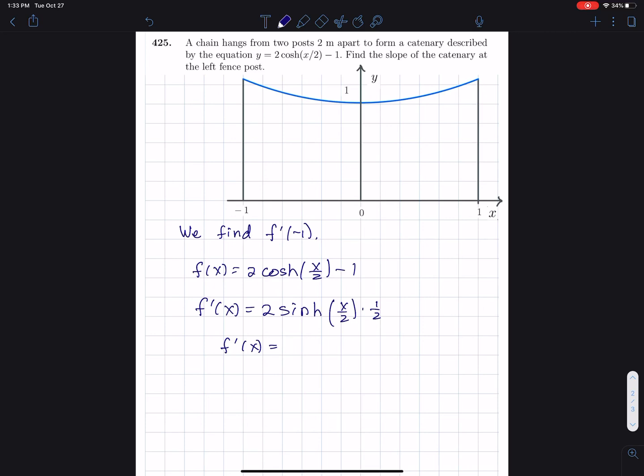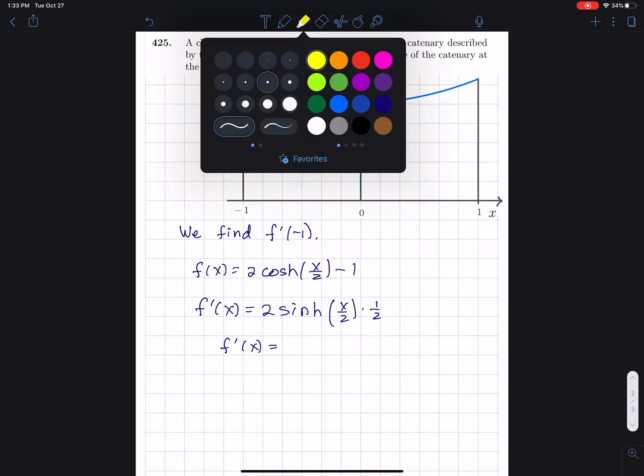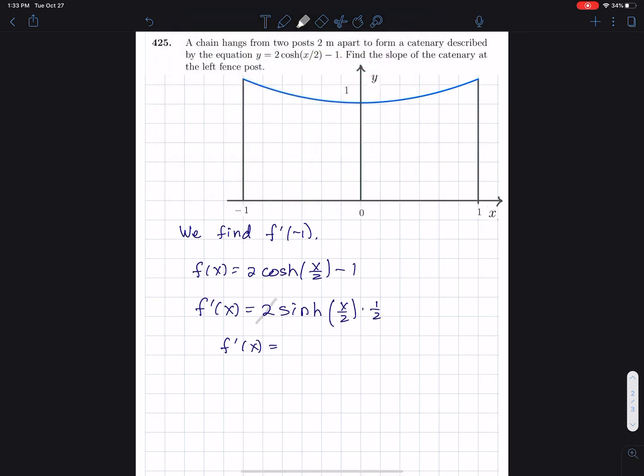Pretty clearly there is cancellation between that 2 and this 1/2. So we get hyperbolic sine x over 2, and so the derivative at -1 is hyperbolic sine of -1/2.